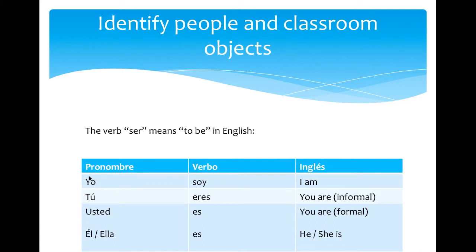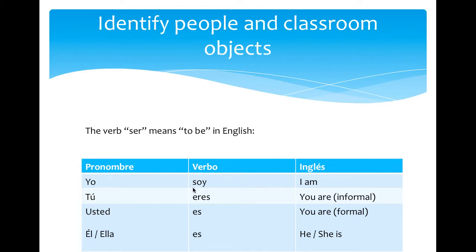So yo, tú, usted, él, and ella. Now there are other pronouns that we will use and learn in Spanish, but what we're just going to look at right here is the first, second, and third person. And the verb ser, based on whatever pronoun comes before it, will change. The verb will transform.